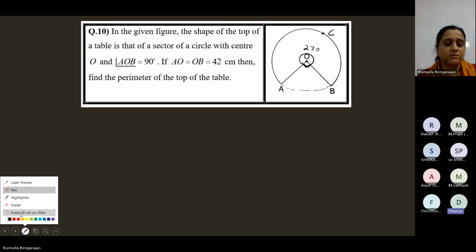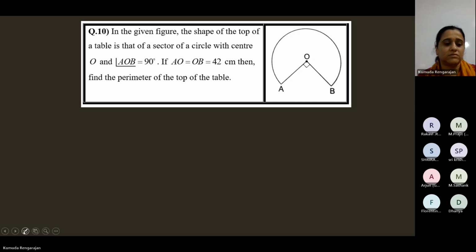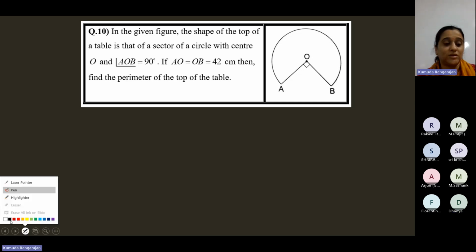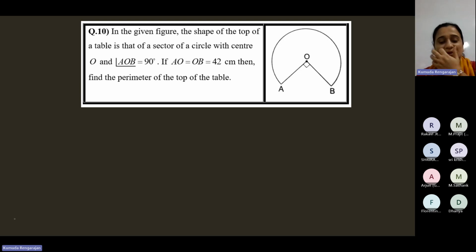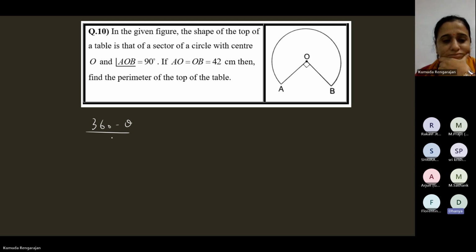Ma'am, can we use 360 minus 270 by 360 into 2 pi r? That sounds very complicated for me. Come again? 360 minus theta divided by 360 into 2 pi r. Okay, this will give you the length of what?